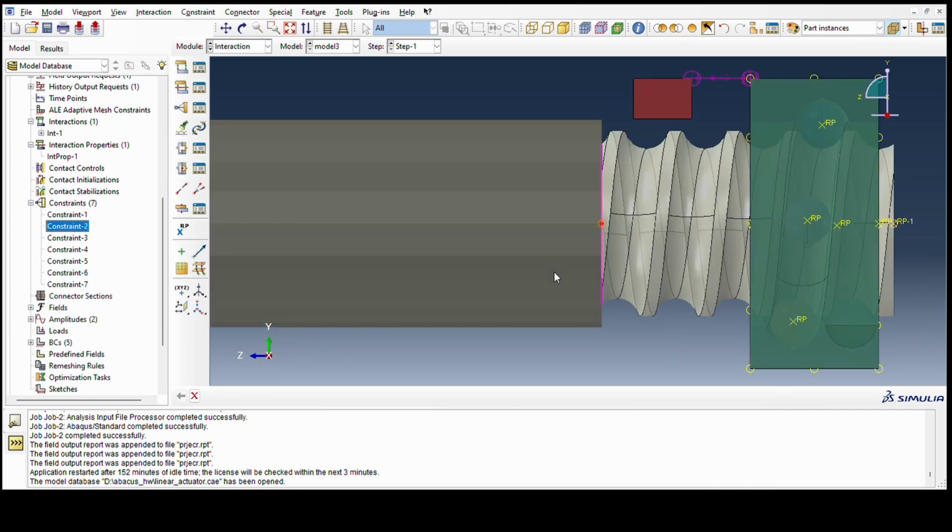I used a coupling constraint to attach the screw and the beam, and for the screw to stay at its position, I used a reference point and constrained it using the coupling constraint.